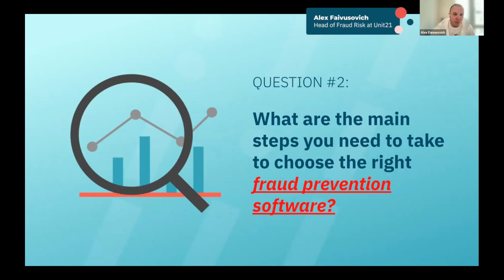Good question. It comes up a lot. When you're trying to understand whether a certain vendor or solution is right for you, the first question to ask yourself is, in terms of current stack and capabilities, what do you have in place today?